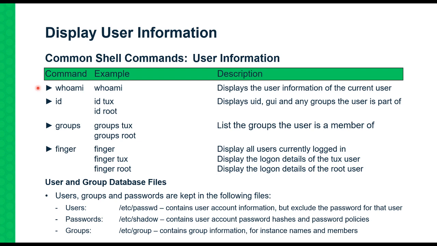The first command we'll be looking at is whoami. You just type in whoami, and it will display the user information of your current user. Then you can also look at the ID of a specific user by using the command id and the username you want to see. This will display the user ID, the group ID, and any other groups which the user is part of.